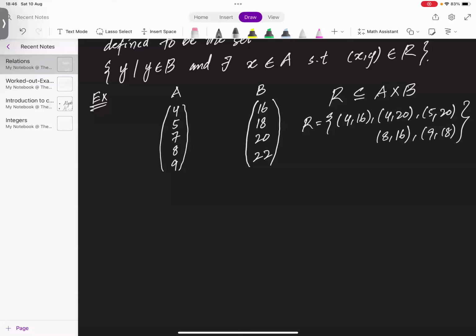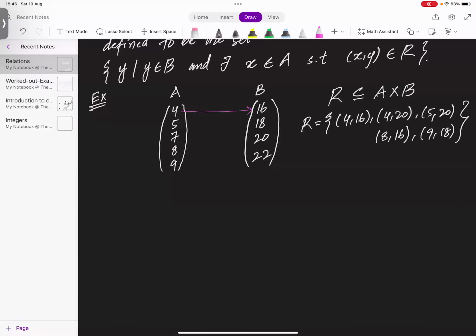Remember, R is a relation, not a function, so forget about the definition of function. And we have missed one: 7 goes to 22.